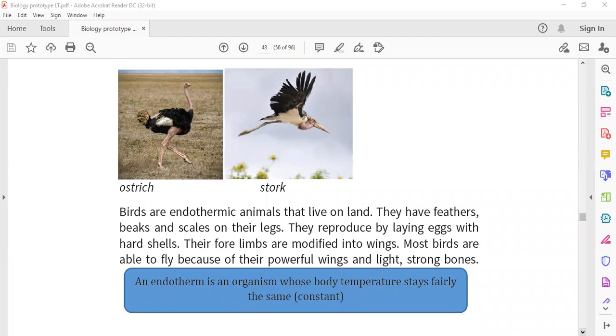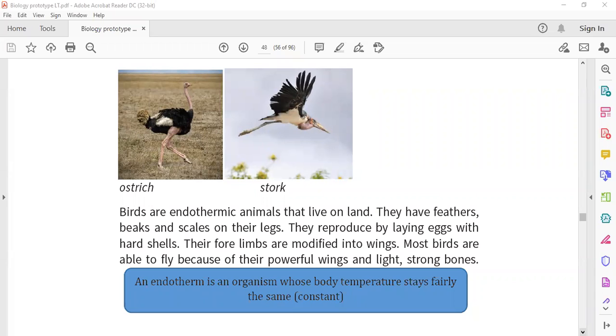But these organisms maintain a constant body temperature irrespective of the surrounding. Even if it is very cold or very warm, their body temperature must remain fairly constant. That is what makes an endotherm. So the birds belong to such a group.